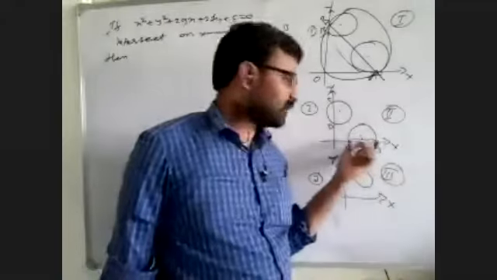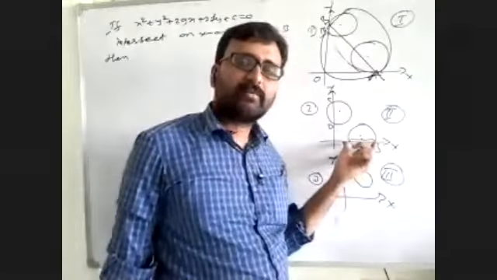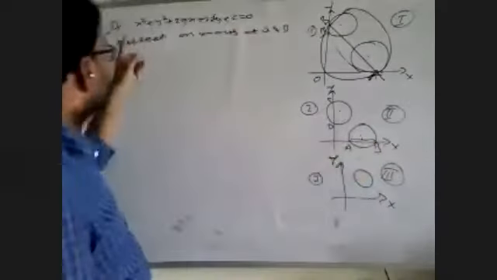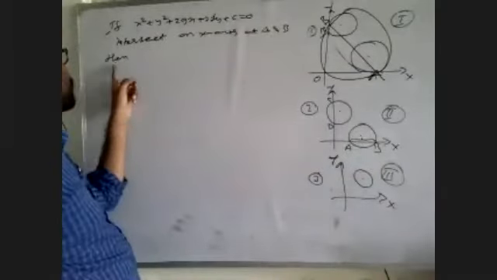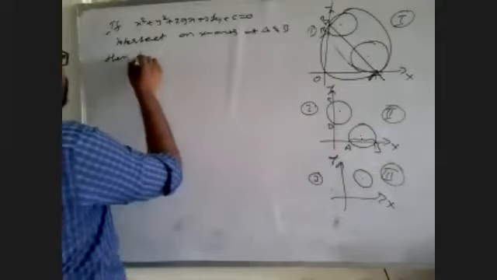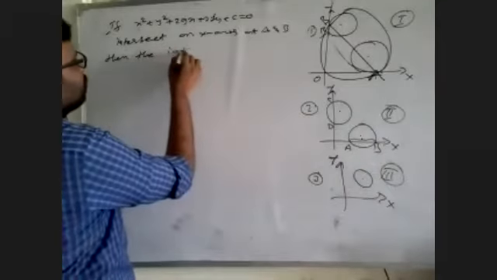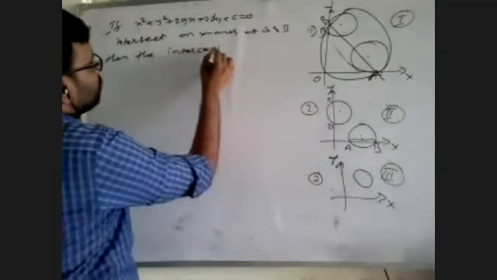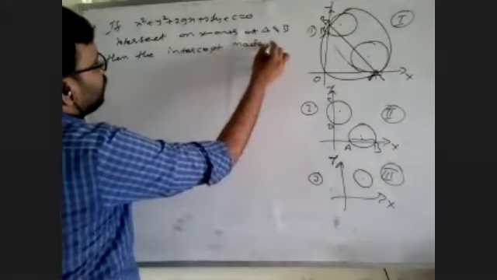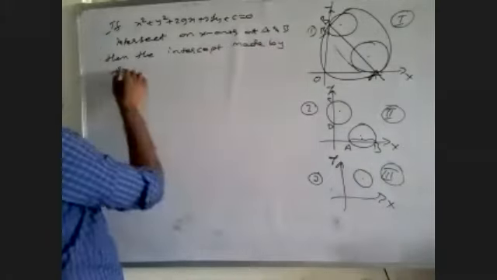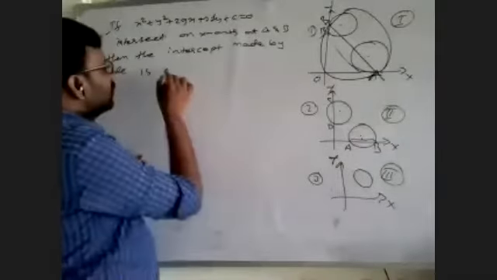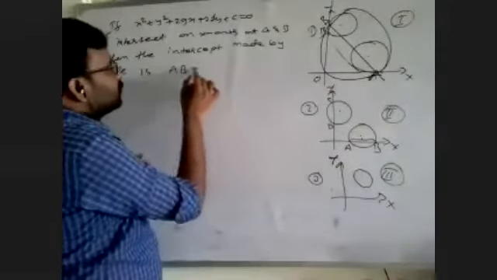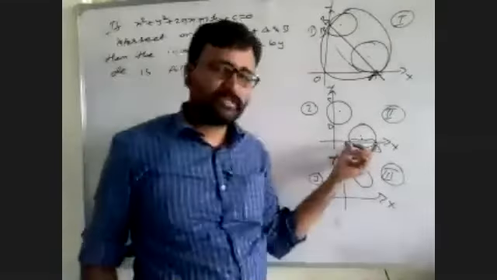Then what is the intercept made by the circle on the x-axis? If a circle intersects the x-axis at A and B, then the intercept made by the circle is AB, the length AB, that means the intercept.